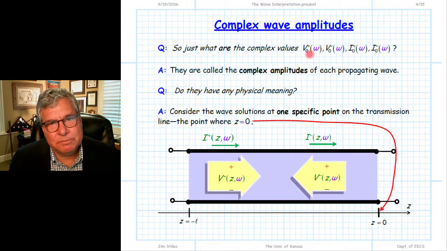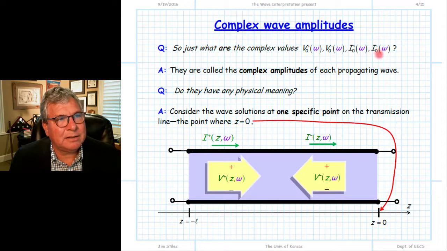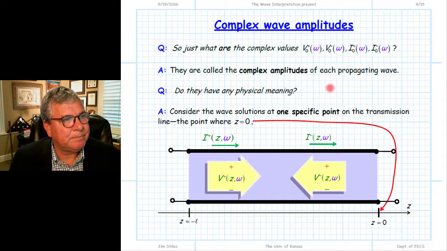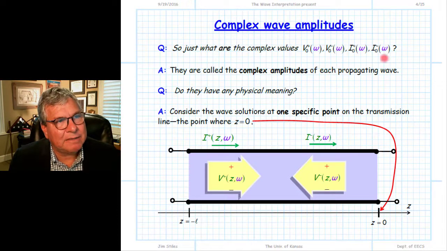So the plus wave voltage has a wave amplitude that we call V0 plus, the minus wave V0 minus, the plus wave current I0 plus, and the minus wave current I0 minus. And again, these are constants with respect to position z. They don't change with z. They do change with frequency. And again, I'll put that notation in there for a while before I drop that, to just emphasize that all this changes with source frequency. So again, we call these the complex amplitudes of each propagating wave, the complex wave amplitudes. So make sure you understand that. That's what I'll refer to them as, the complex wave amplitudes.